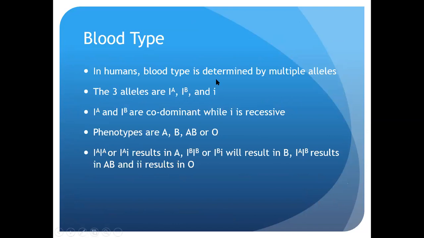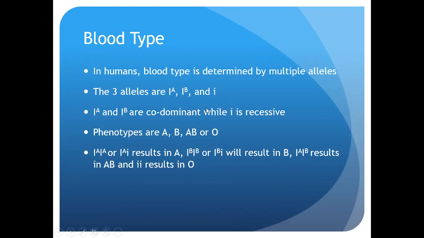So in humans, blood type is one of the traits that is determined by multiple alleles. So you can either have the A allele, the B allele, or the lowercase i allele. Sometimes they're written as I^A, I^B, and lowercase i.